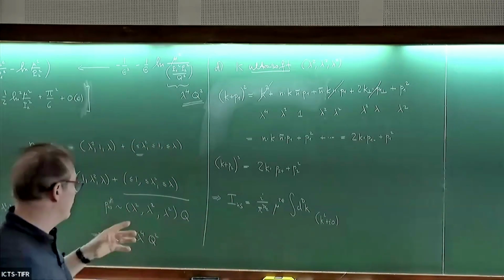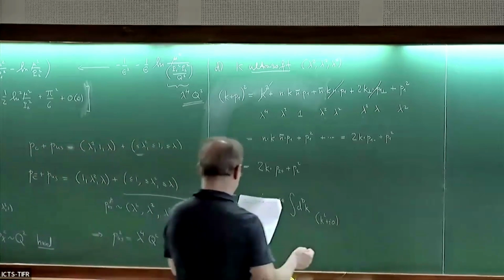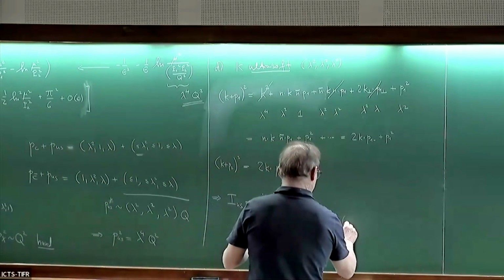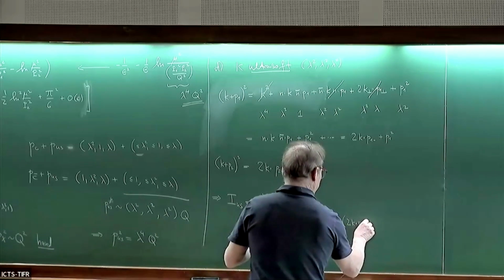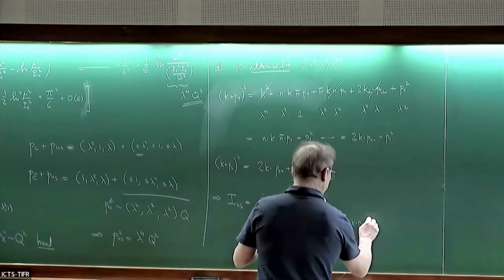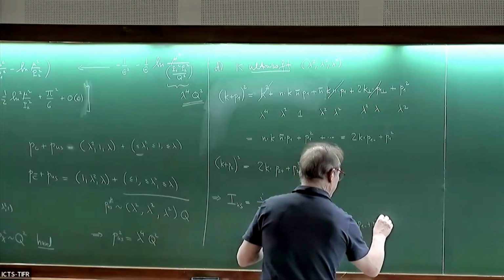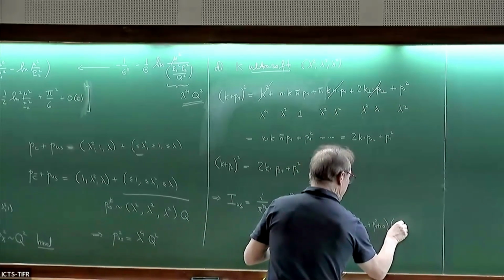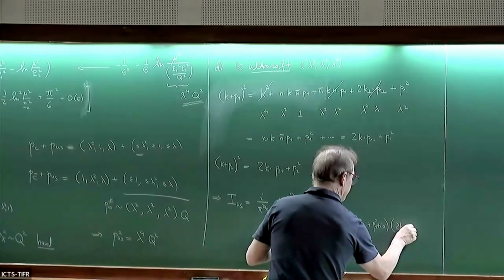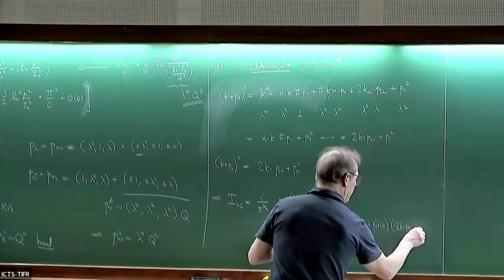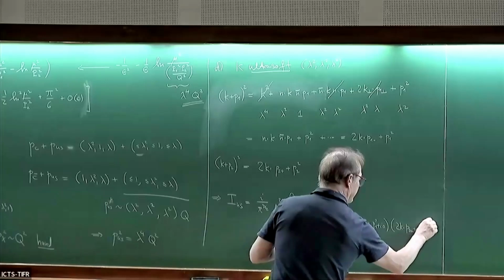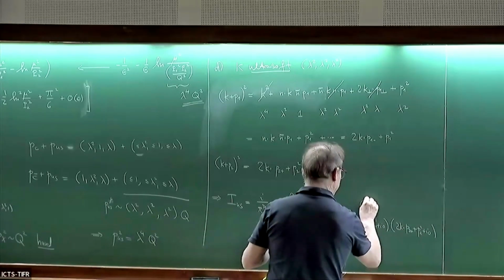You will never have something to expand out there. But for the remaining ones, yes, we get linear propagators. 2K dot P1 minus plus P1 squared plus i0 and 2K dot P2 plus P2 square plus i0 and Q square upstairs.